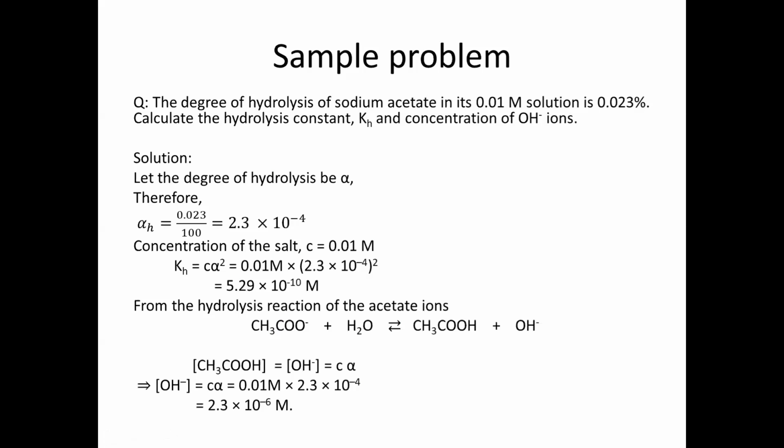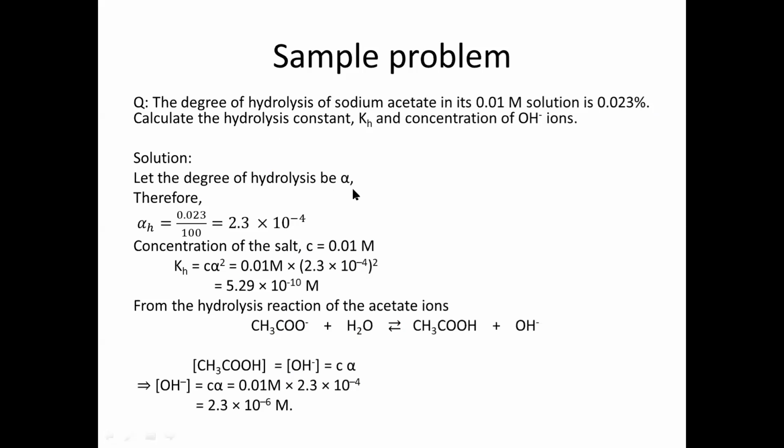So they are asking us not to calculate the H plus ions or pH, they are asking us to calculate the concentration of OH minus ions. So first we will find out what is given. Given is the concentration of the salt, 0.01 molar, and the degree of hydrolysis, that is 0.023%. And we have to calculate KH and the concentration of OH minus.